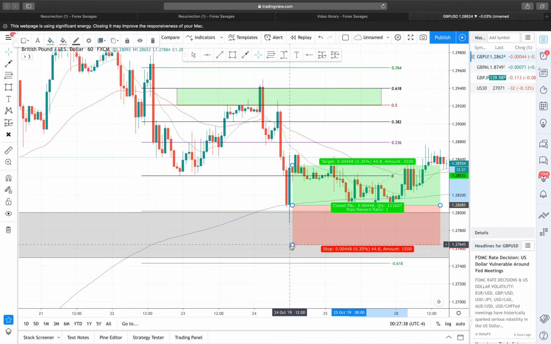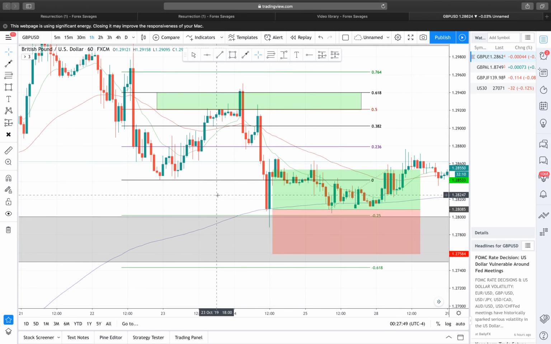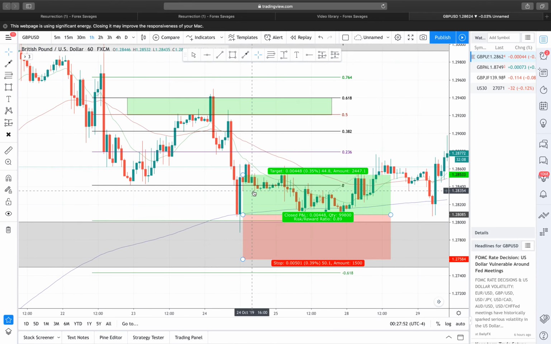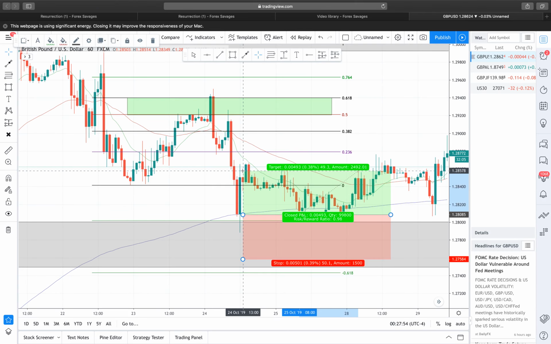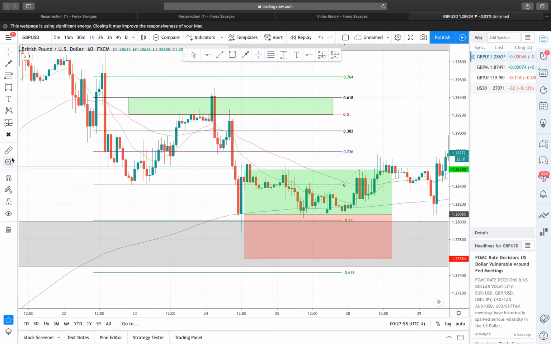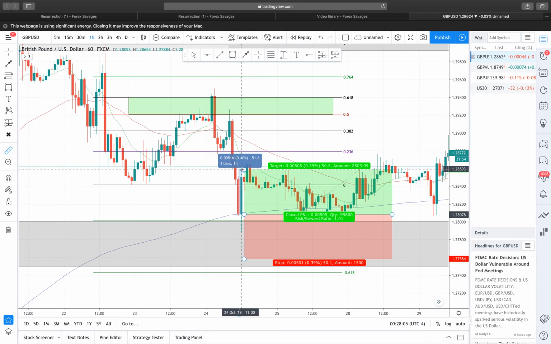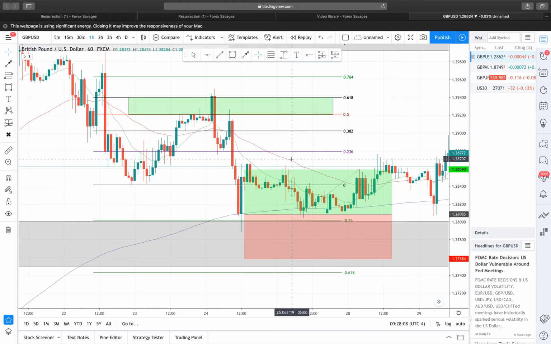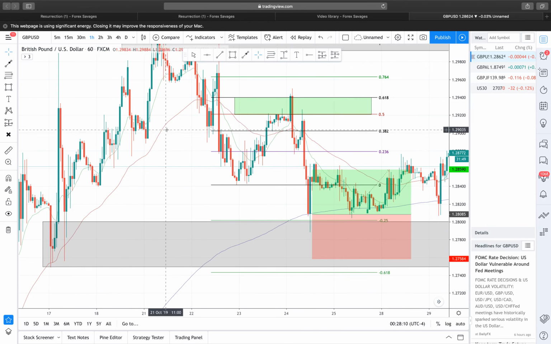Well, I'll be honest with you, between 40 and 50 pips always on a scalp. Risky business, but good money. So let's just put 50 pips, because it's a pretty wide zone. You always want to have at least a 1.1 ratio on this type of scalp. As you can see, we did hit the zone and we did open, and boom, 50 pips. So you can catch these back-to-back.